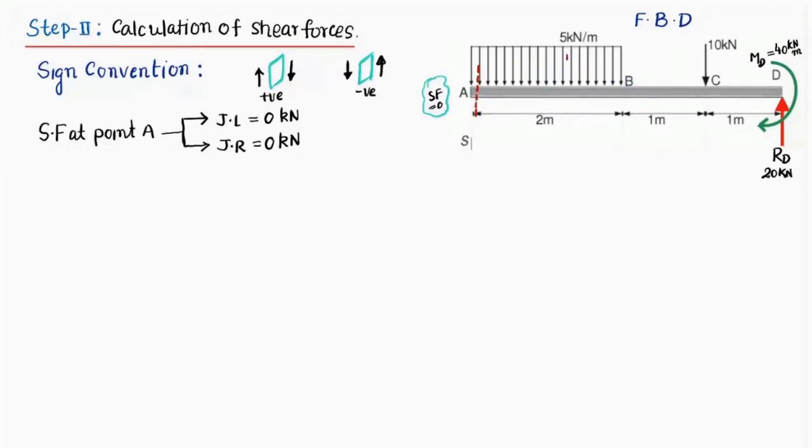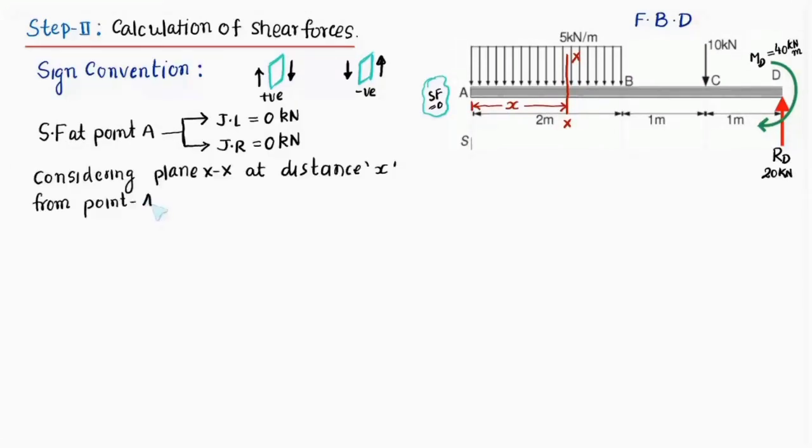Let's say this is my XX plane I am considering here at distance small x from point A. It is a variable distance, we can say. As we move from A to B, this value of x is going to change. So we have considered a plane XX at distance x from point A.